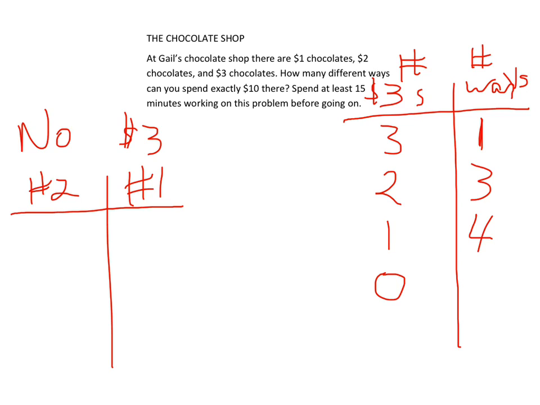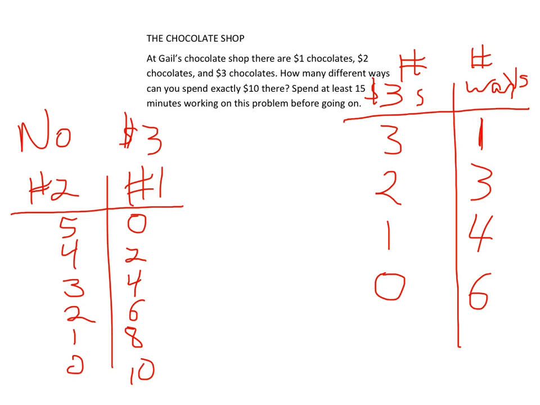If we have no 3s, then we could have 5 2s and no 1s, 4 and 2, 3 and 4, 2 and 6, 1 and 8, or 0 and 10. So there's 6 ways to do it with no 3s.